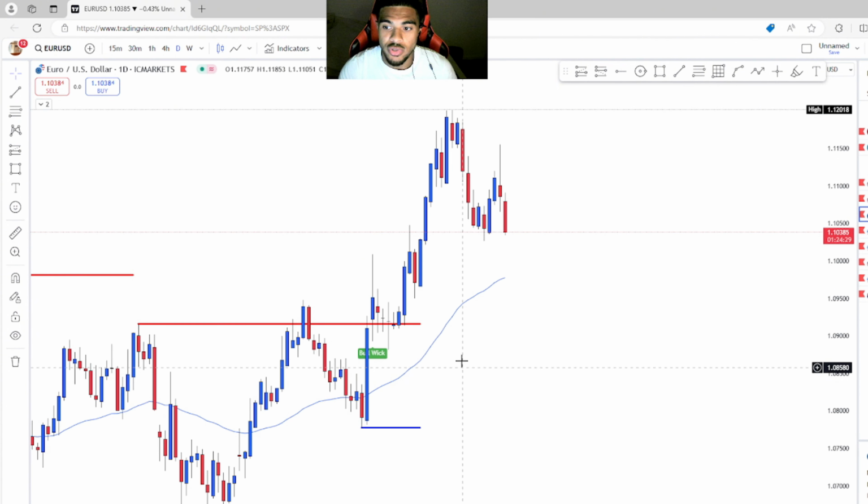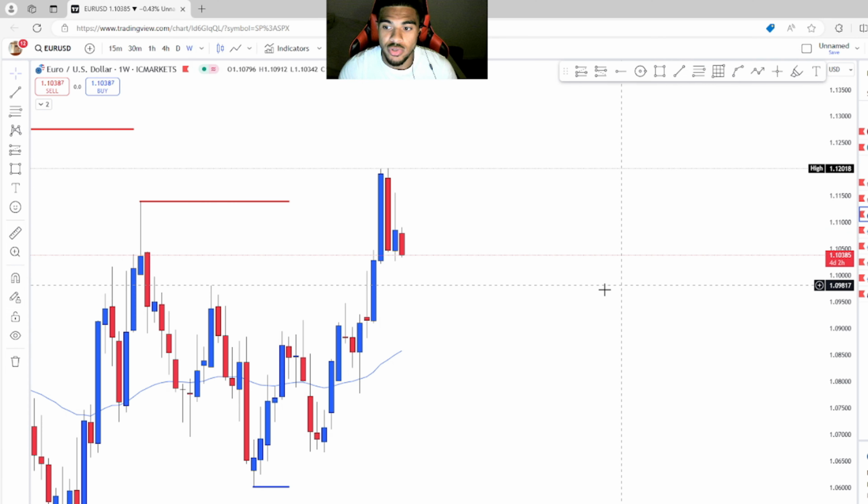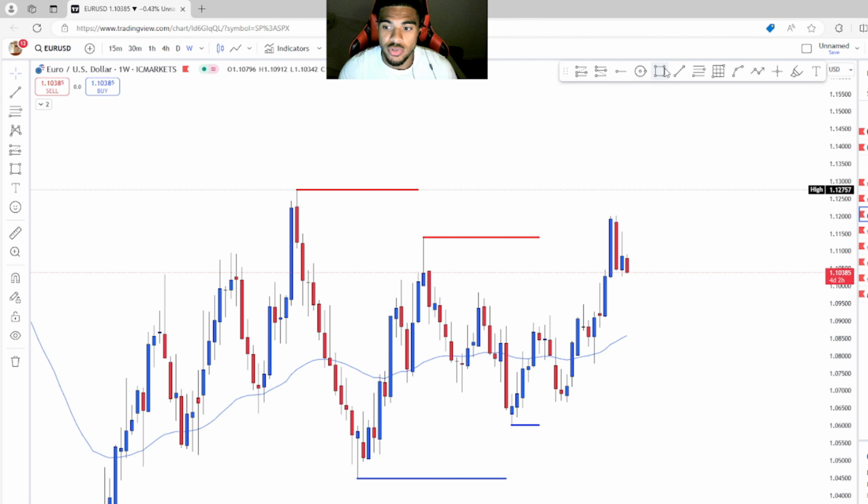Not for us. Euro USD, kind of on the similar side as GBP USD. We was creating higher high, lower high, higher high, lower, higher high. Come back down now. We're either looking to retest this level, which it has already done, could potentially break, come back down to retest some of these levels as well, but this is obviously just Monday.